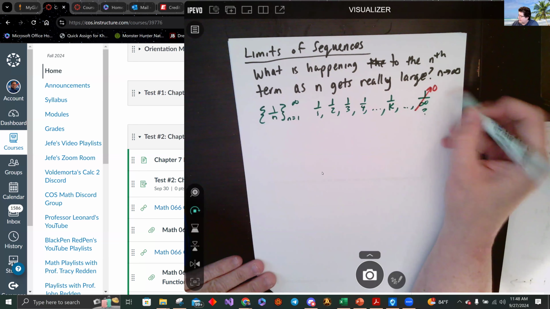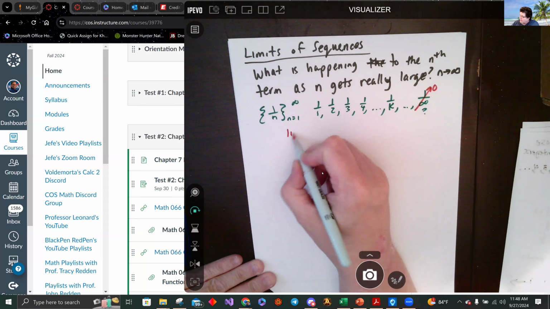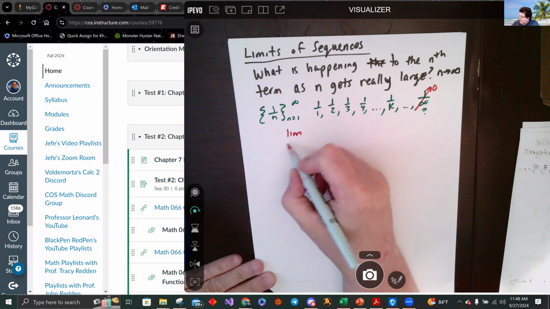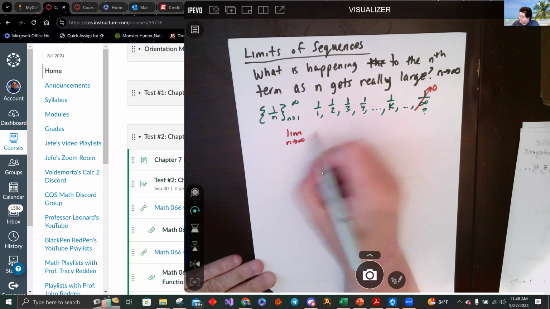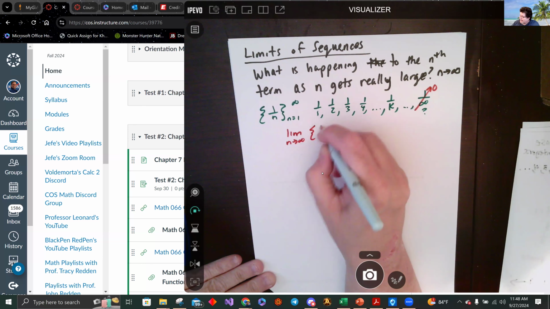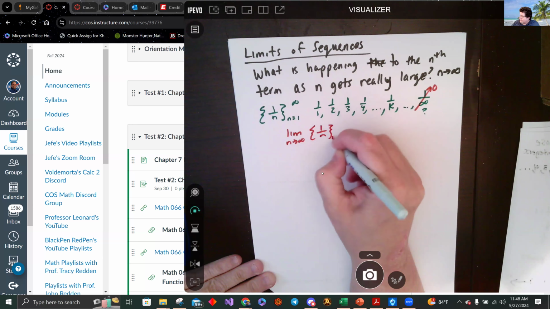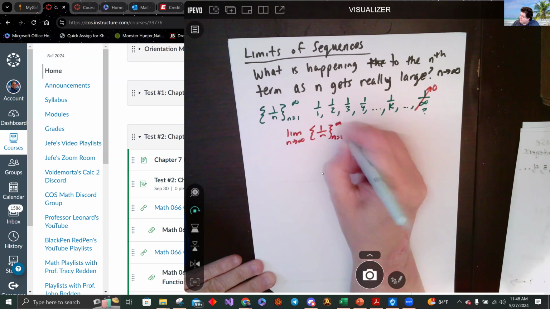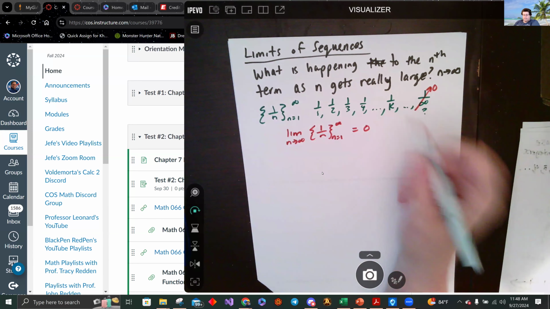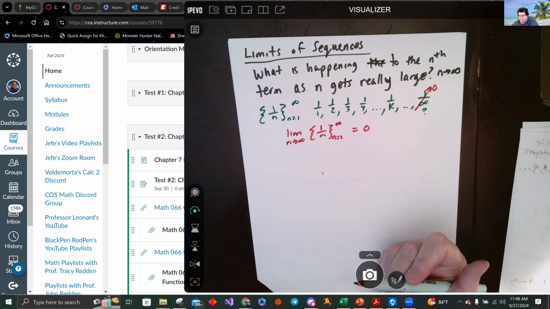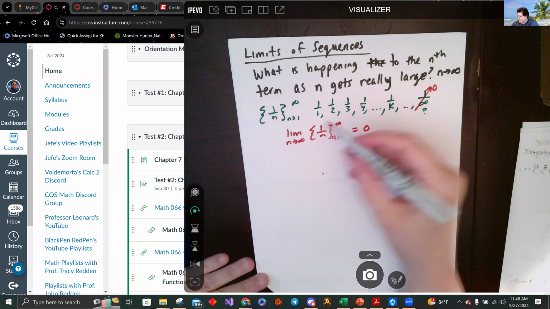So this is the limit of 1 over n is 0 kind of thing. Then I probably don't even want to write it that way.